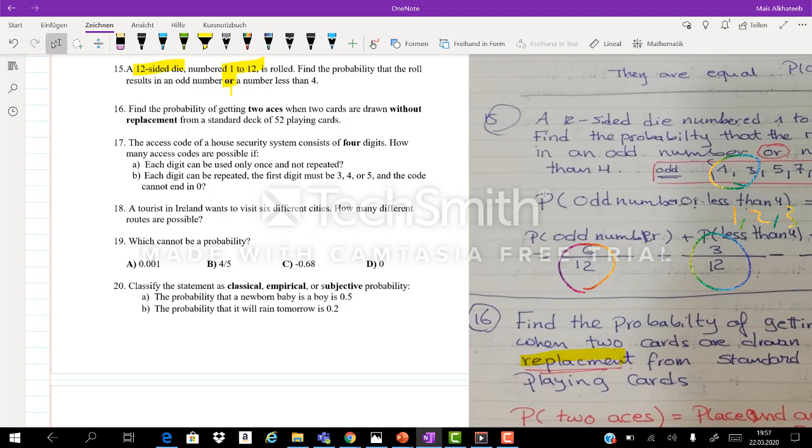If each digit can be repeated, the first digit must be 3, 4, or 5, and the code cannot end in 0.